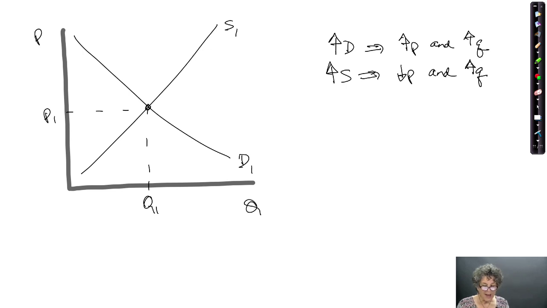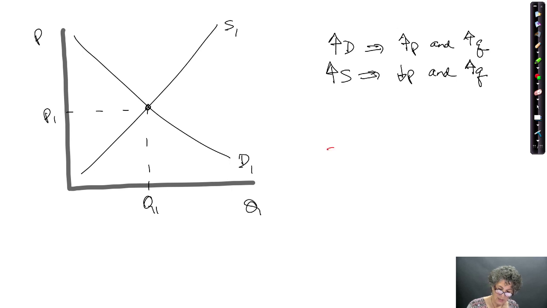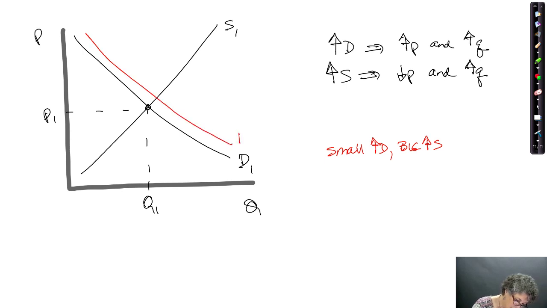And the net effect on price, once again, depends upon the relative sizes of the shifts in supply and demand. So in this case, let me assume that I have a small increase in demand and a big increase in supply. So I'm going to shift my demand curve just a little bit, demand D2. I'm going to shift my supply curve a lot, supply S2.